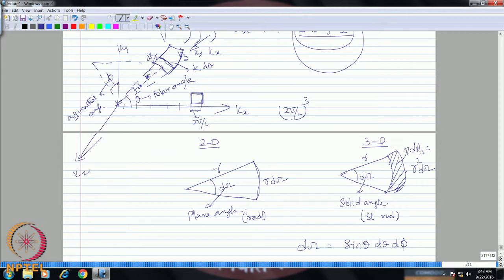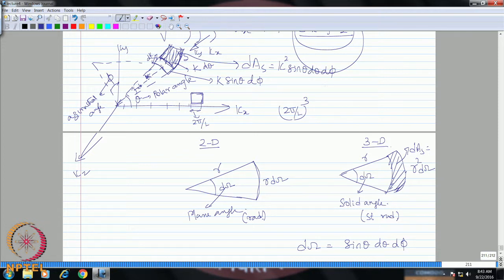So, the other side will turn out to be k sin theta into d phi, okay. So, together the area subtended by the solid angle will become k square sin theta d theta d phi.